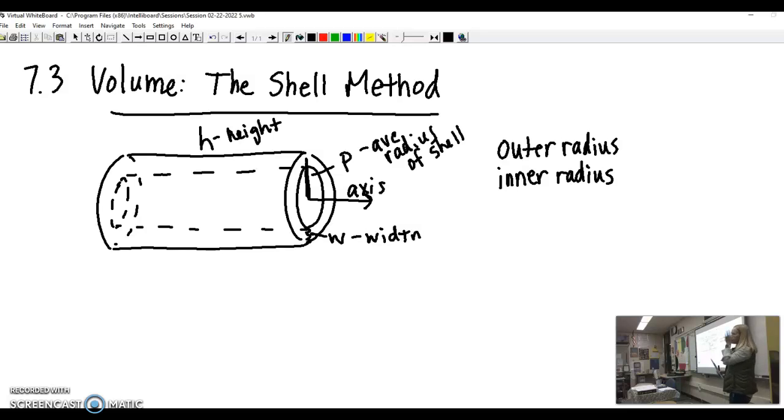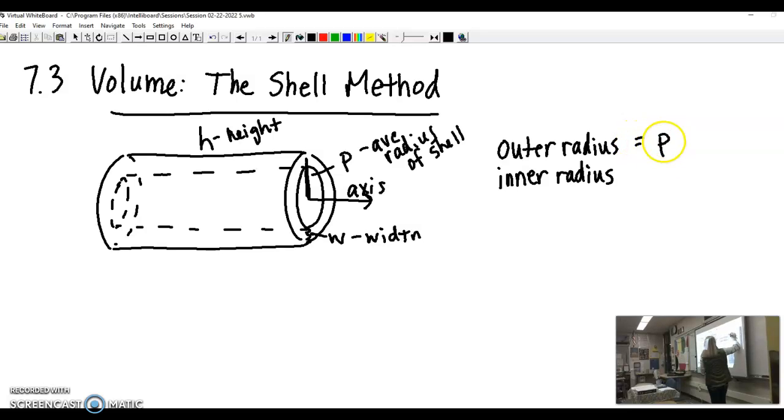If we label P, just a random letter, I know, P is the average radius of the shell. Average is the middle, right? The shell has a thickness. I know I've exaggerated the thickness. Think of it, it's kind of thin, because, like I said, if you were peeling an apple, what that volume would be. So, if P is the average radius, what would the outer radius be?